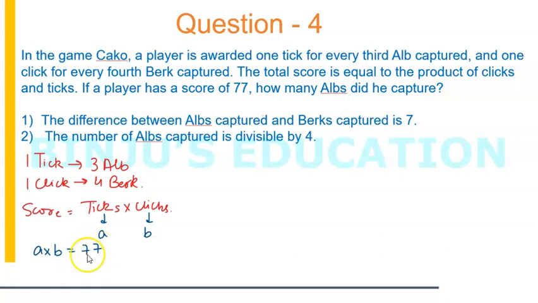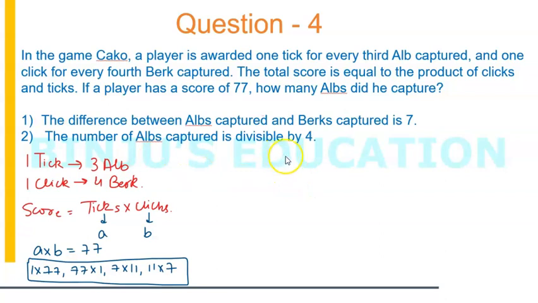So if A into B is 77, then what all possibilities do I have? I have 1 into 77. I have 77 into 1. I have 7 into 11, and I have 11 into 7. These are my 4 possibilities, because A and B would be integer values. I can't have anything else. So what all cases do we have?